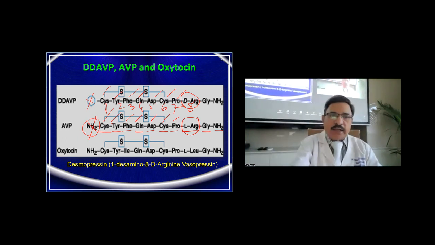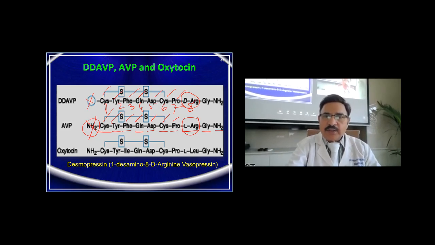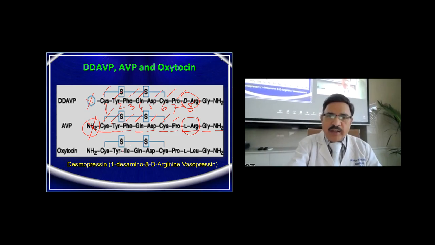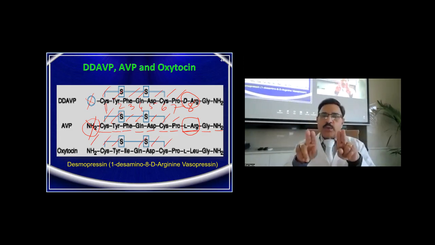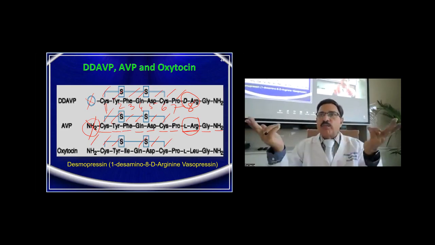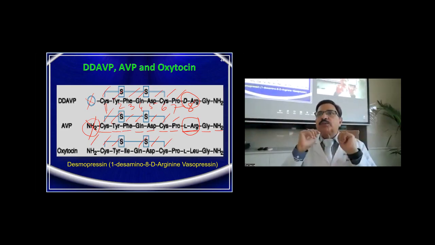Oxytocin is exactly mimicking AVP: amino terminal, cysteine, tyrosine, isoleucine, glutamine, asparagine, cysteine, proline, leucine, glycine. These two amino acids make it a different form. This also comes from the posterior pituitary.